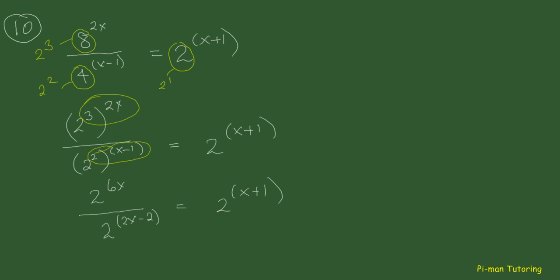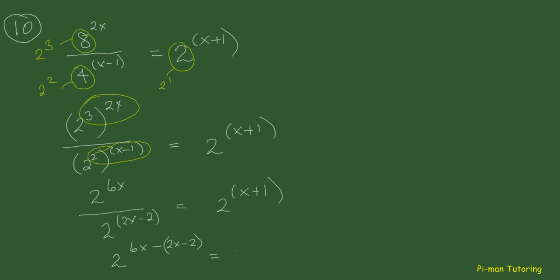Exponent rules tell us that if we're dividing two exponents with the same base, we simply have to subtract the exponents. So this left-hand side where we have division, we can write it as 2 to the power of, subtract the exponents, so we've got 6, take away 2x minus 2, keep the bracket so that we don't lose a minus sign.